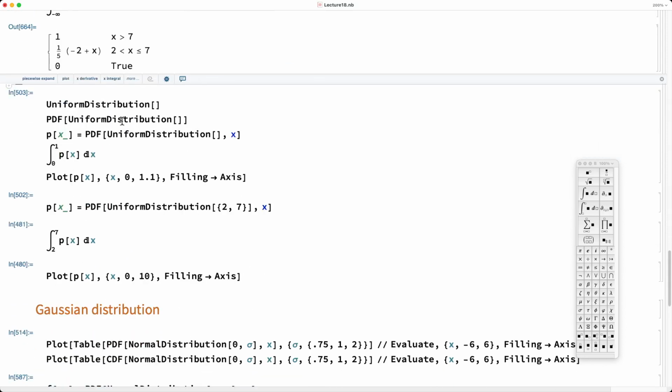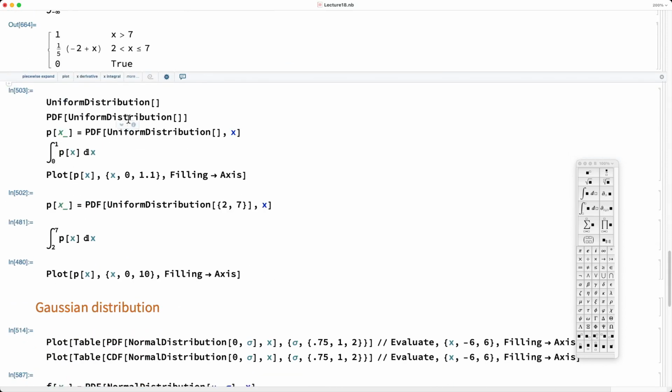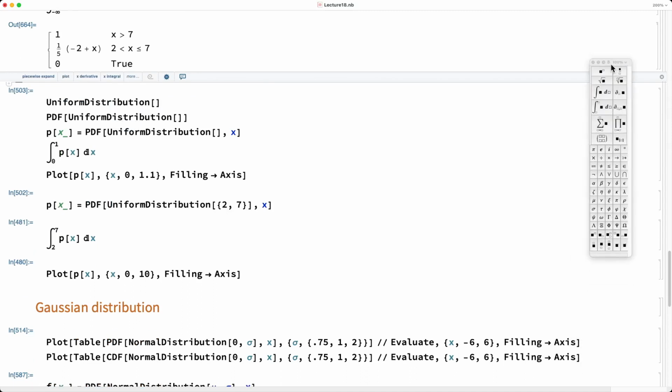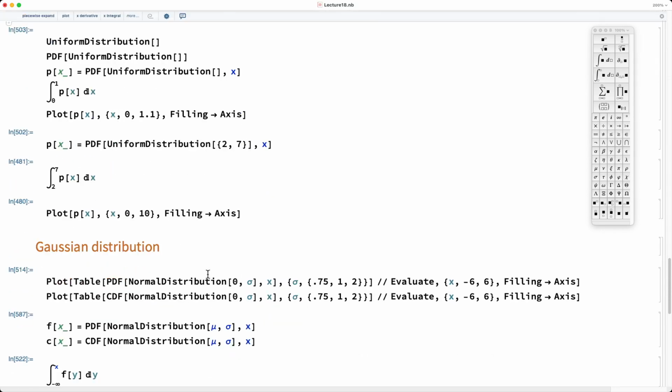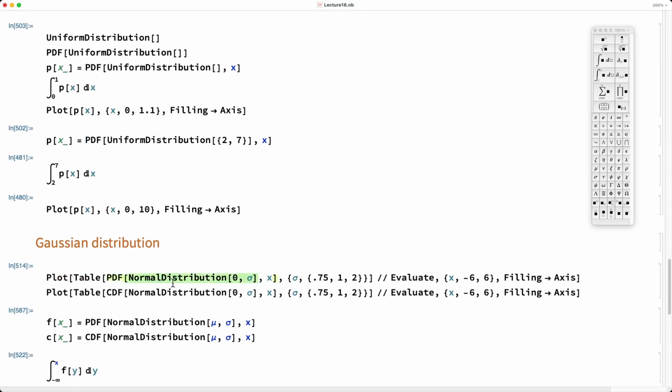Okay, so now let's consider a more realistic example of another distribution. So let's consider the normal distribution, or the Gauss distribution. You can call that using PDF of the normal distribution in Mathematica, and you can specify the mean and the variance like this.